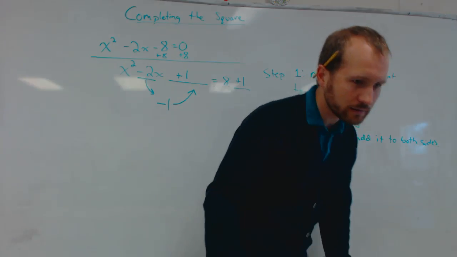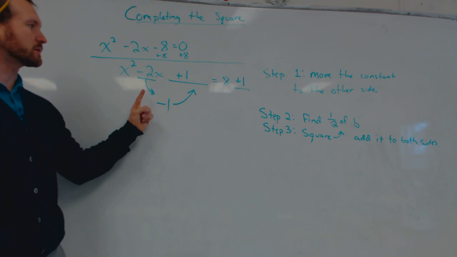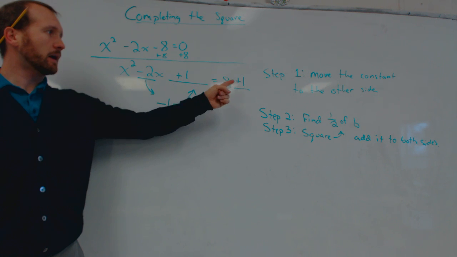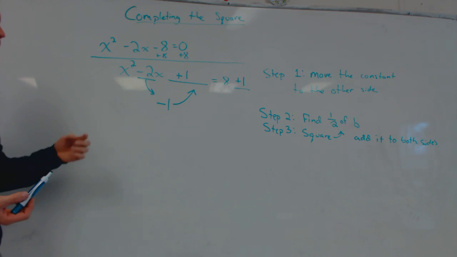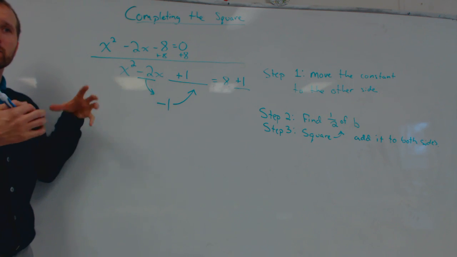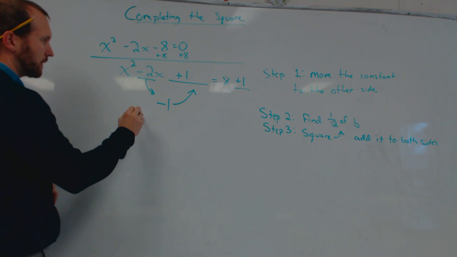Let me make sure that all stayed on the video. It did. Half of b squared equals a positive 1. Okay, now I have a perfect square. I have completed the square. This, I'm going to rewrite it.